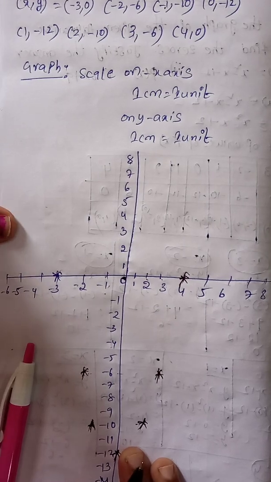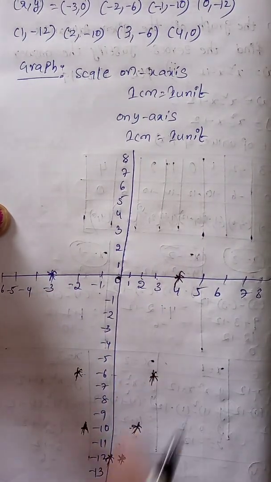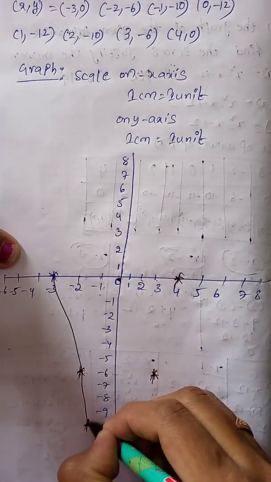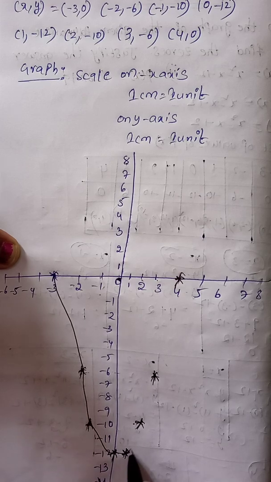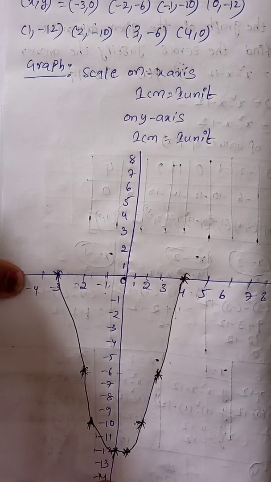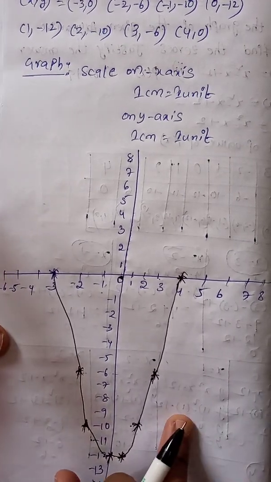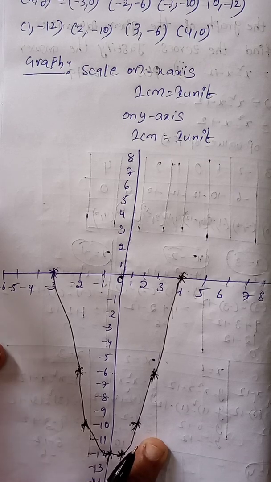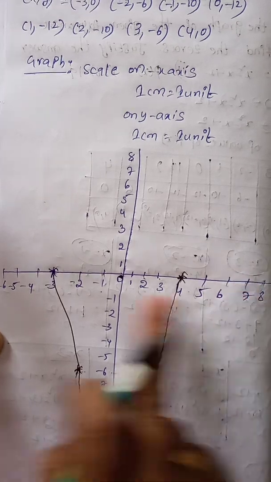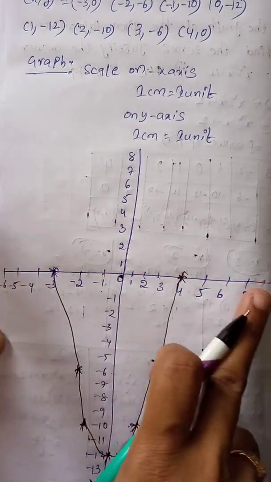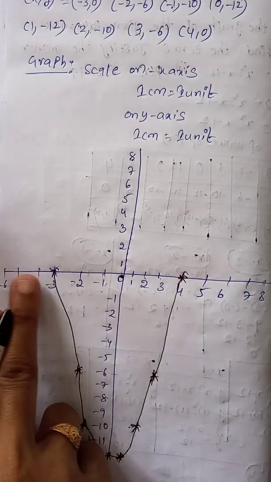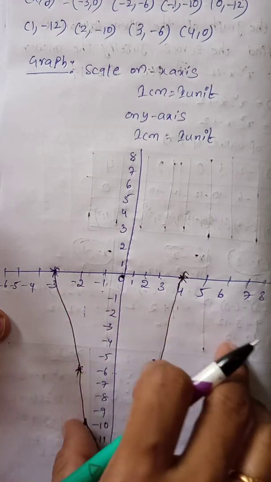Okay, now let's join all these dots. If you join like this, you will get a shape. Which shape is it? It is a parabola. You can see this graph touches the x axis. Wherever the graph touches the x axis, those are the zeros of this polynomial.